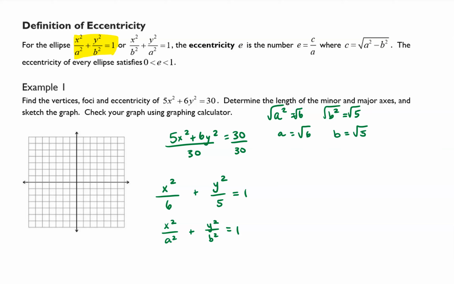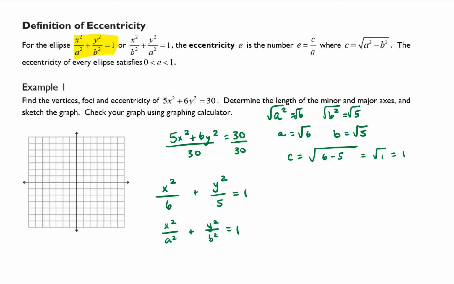So from here, we know that c is equal to the square root of a squared minus b squared. So let's do that. c is equal to the square root of 6 minus 5, which is going to end up equaling 1.